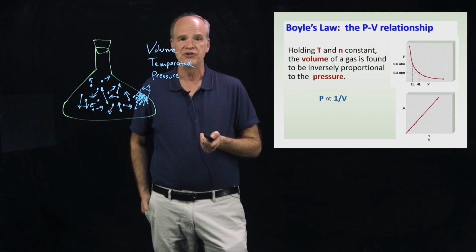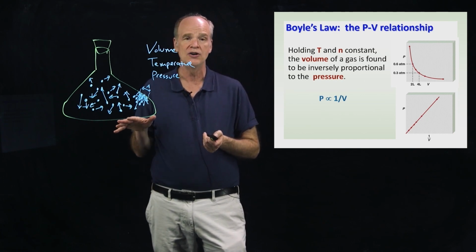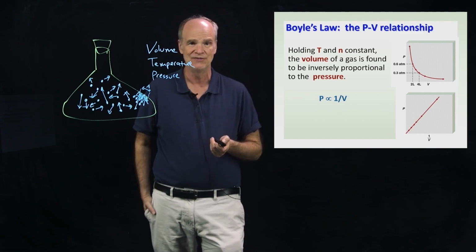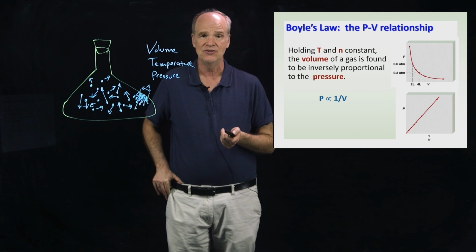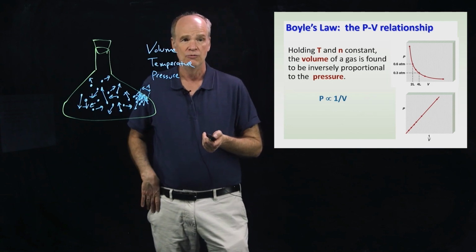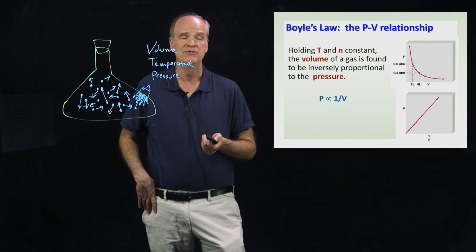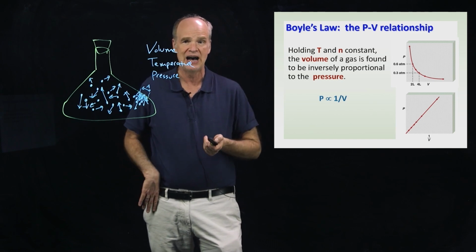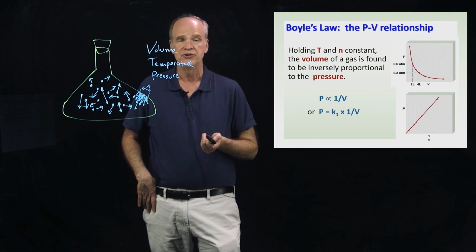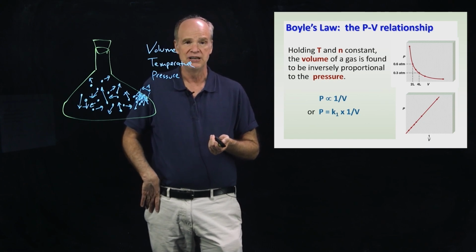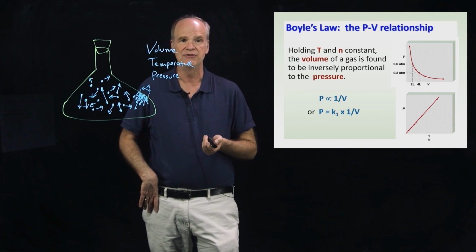Now, if you wanted to, you could take this qualitative relationship between pressure and volume and make it a quantitative one. In other words, we can adjust it slightly so we can actually throw some numbers into it and get values. So what would we do? To turn it into a quantitative relationship, we put in a K, a constant value.